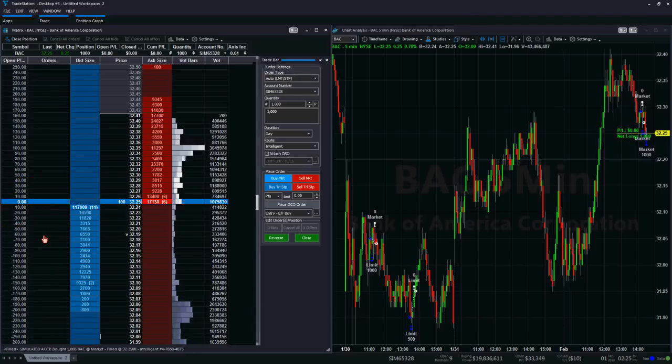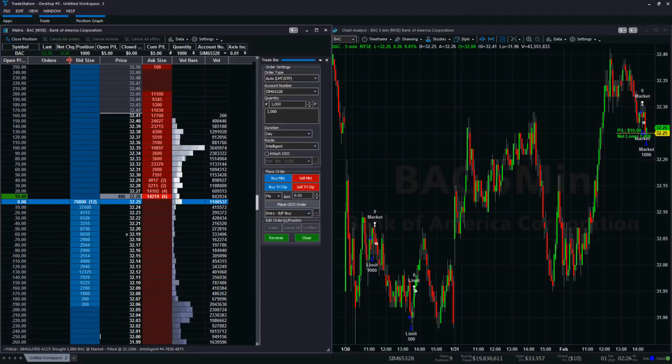And I see a P&L column right here on the left-hand side. Very convenient. I can see the status of my position, where it is, where it's going, and how much money it is making me or losing. Okay, so quick things that I wanted to point out here in the matrix. A quick stop. Let's say that, and these are just hypothetical examples, the most I want to lose in my Bank of America position is $100.